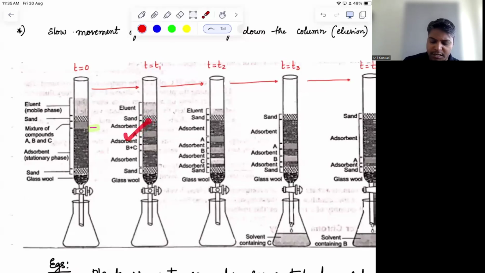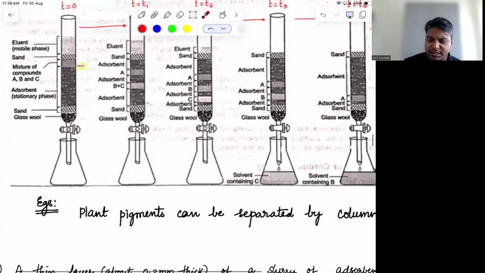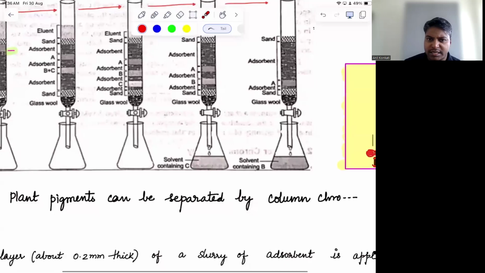You can notice A and B and C started separating out in the adsorbent. This is to do with the nature of adsorption. Out of A, B, C, possibly A is trying to adsorb more compared to B and C. And as you start moving down here, slowly you will see B is also getting relatively more adsorbed than C. So eventually, as it starts traveling down, you will have a solution containing mostly C here, because C is less adsorbed.